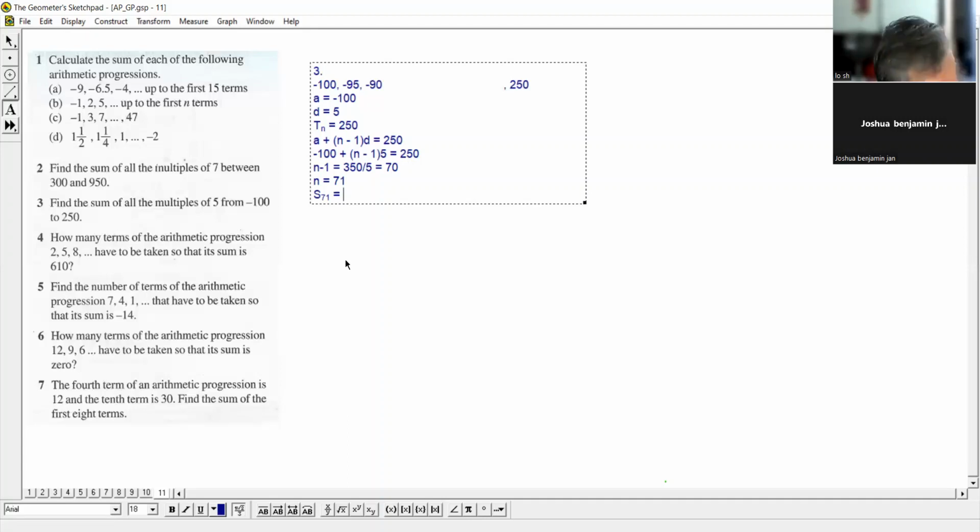N divided by 2, so 71 divided by 2, then 2a, which is negative 200, plus N minus 1, which is 70, times D, which is 5.